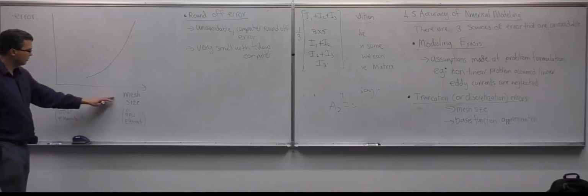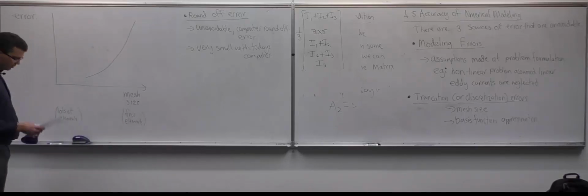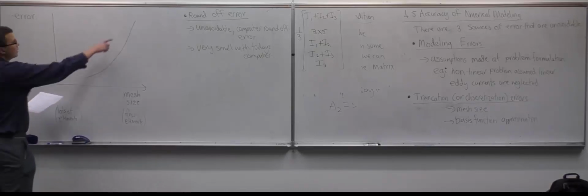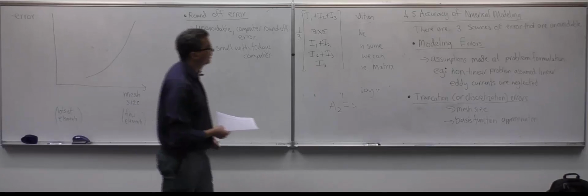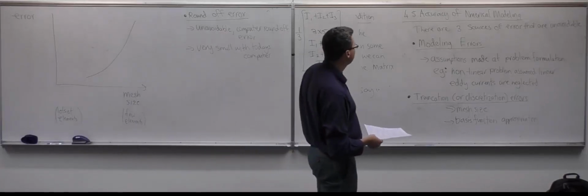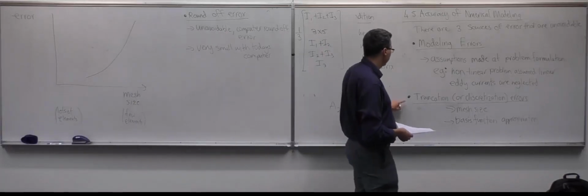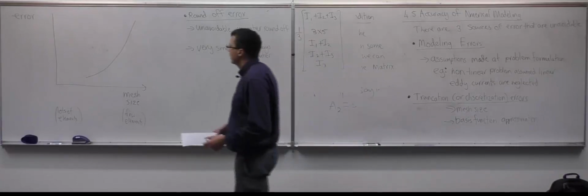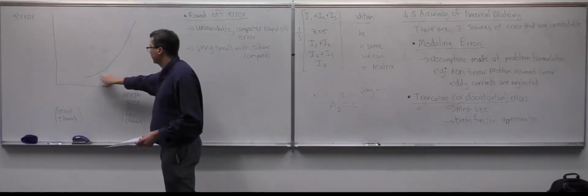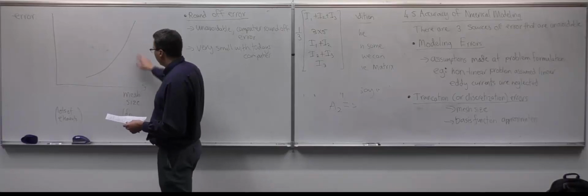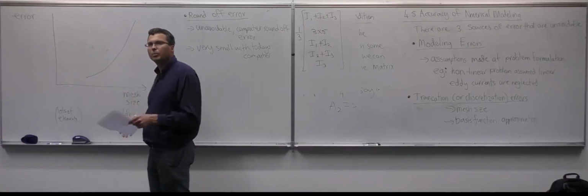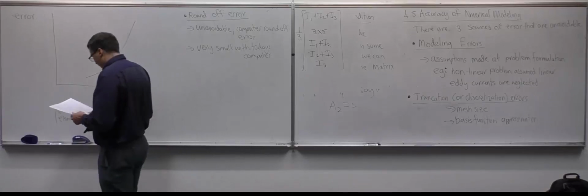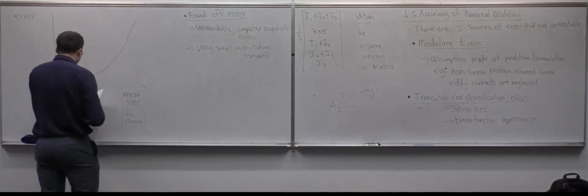So if we make the mesh size really small, the error is going to come down due to the discretization error, the truncation error. That's what I discussed. But at some point, you're going to have so many elements that you'll get some round-off error.